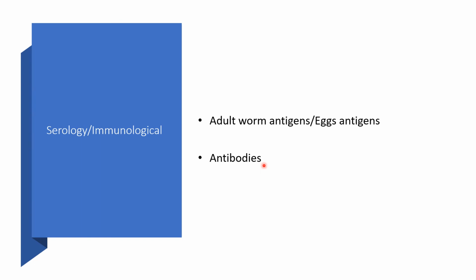So the level or the presence of antibodies is not a good measure when it comes to follow-up. Antibodies are usually detectable most times even before the eggs are detected. Antibody assays are not species specific. But when we pick the antibodies, then we will be sure that there is schistosomiasis in this system. So we should take note of that.